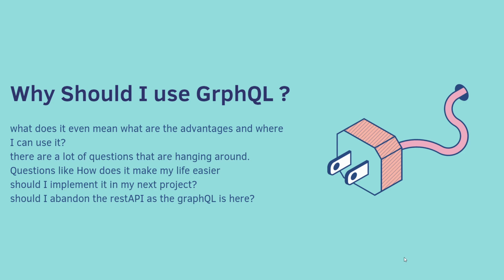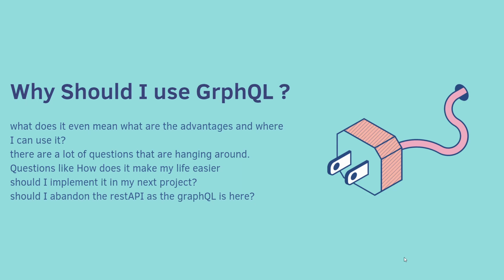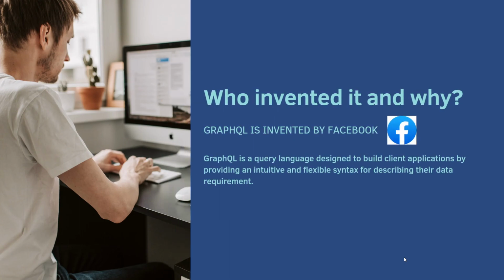What are the advantages of it, and where can I use it? There are a lot of questions hanging around, like how does it make my life easier, or should I implement it in my next project? Should I abandon REST APIs now that GraphQL is here? The answer is simply no. You cannot abandon REST APIs, even though GraphQL is there.